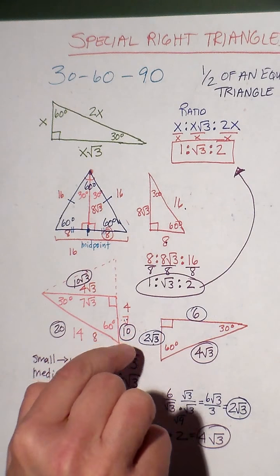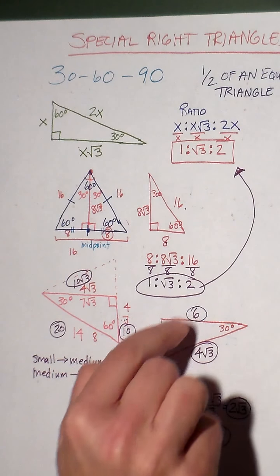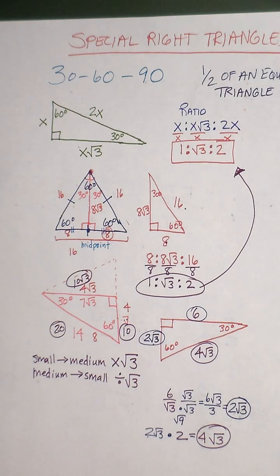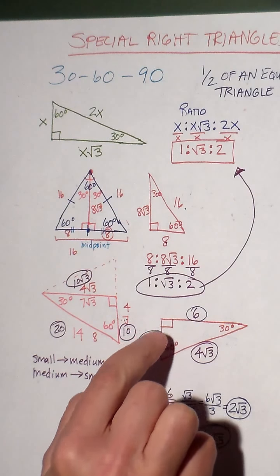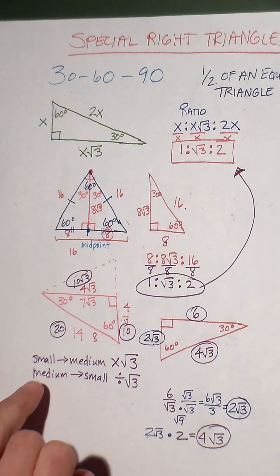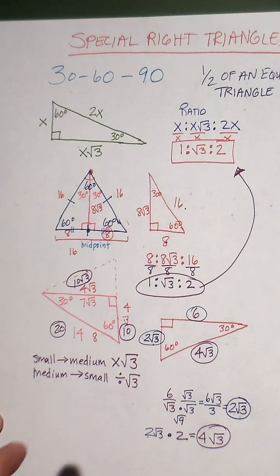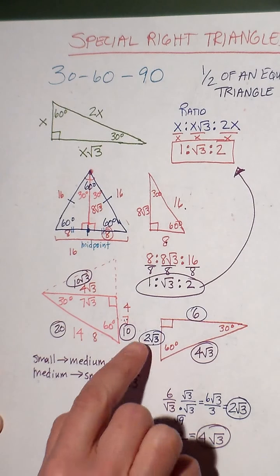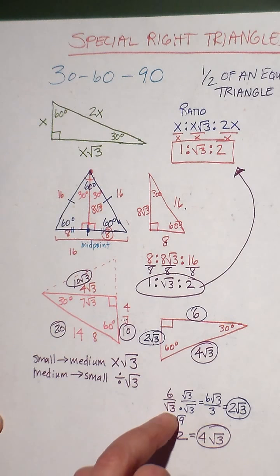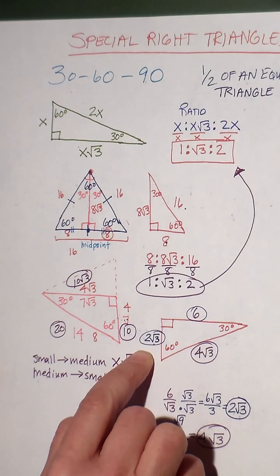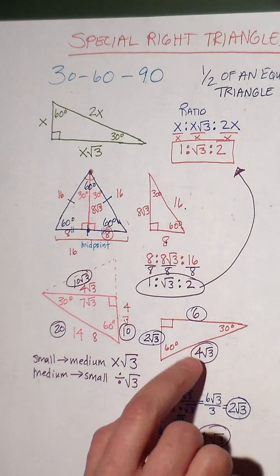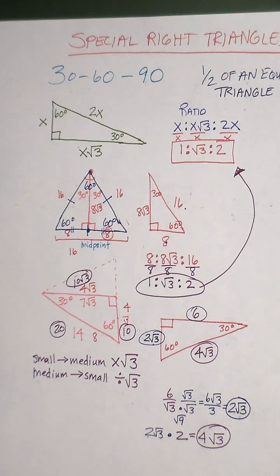So you find that first, and then you multiply by square root of 3 to get the medium, which is across from the 60. If you're given the medium side, which is across from the 60, when you're going from medium back to small, you divide by square root of 3, which is what we did here, and then you've got to rationalize it. We don't want radicals in the denominator, so we rationalize. Then we multiply by 2 to double it to get the hypotenuse, and that's how you do 30, 60, 90s.